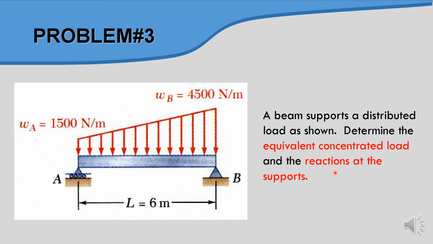The reaction of the support we already learned in chapter 5, so it is very easy to get the reaction, but by applying the centroid we can get the concentrated load, given the distributed load with these numbers.